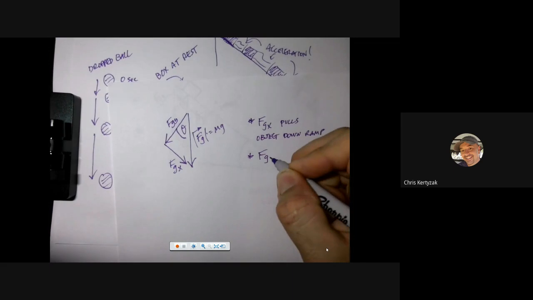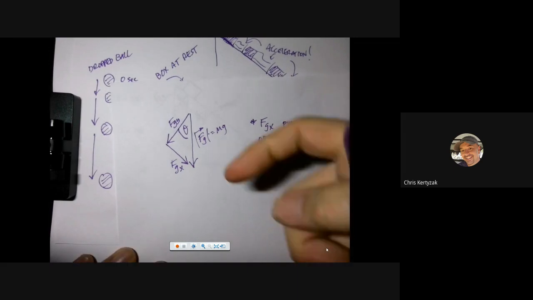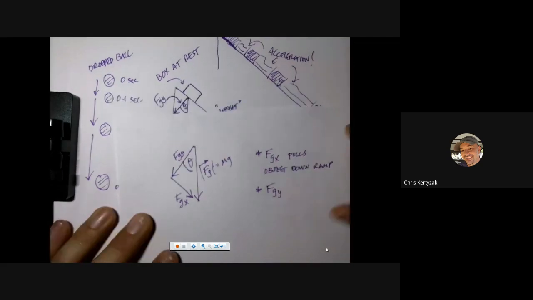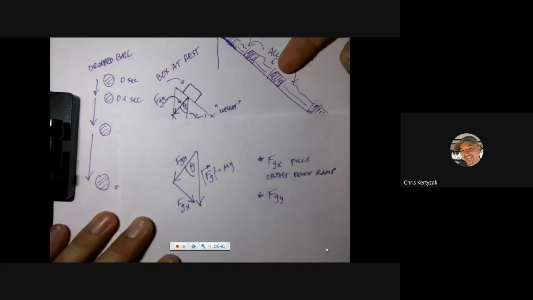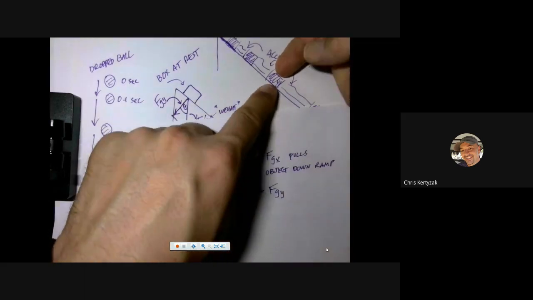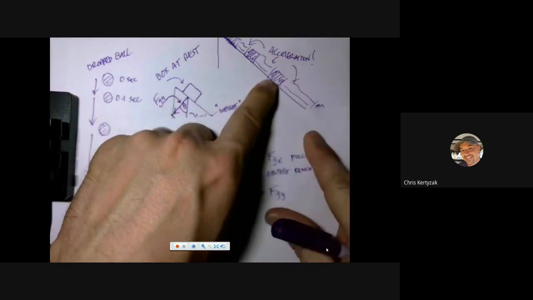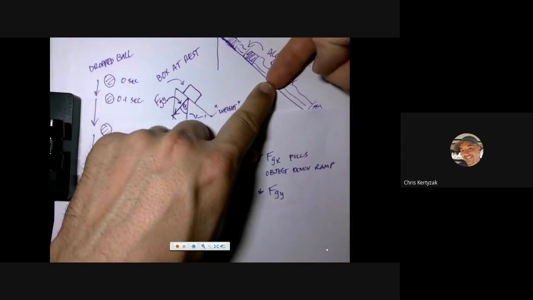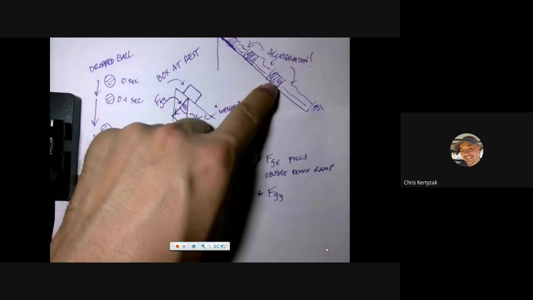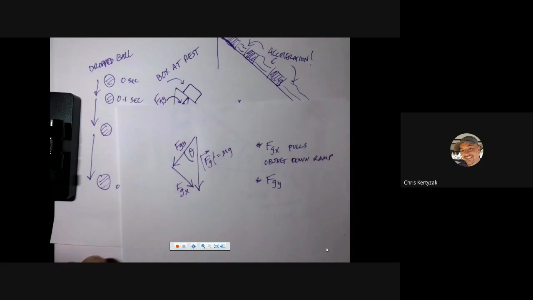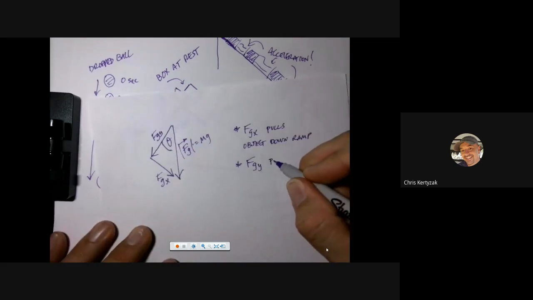And FGY, what does FGY do? Well, you can see it's providing a force in this direction. So if you were pressing down like this on this block, it would essentially press the object into the surface. It causes some pressure under here, right? A harder push in this direction would cause more pressure in here, right? So it essentially squeezes the object against the surface that it rests on. That's what FGY does.